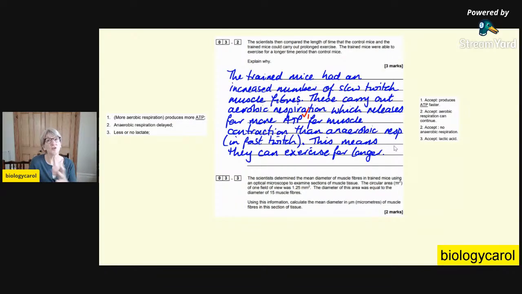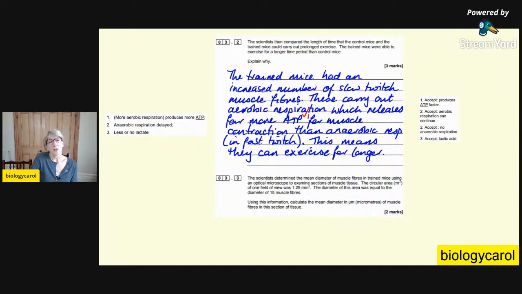I completely forgot the other half of the explanation, because in the control mice that haven't been exercised, they are not able to do all that aerobic respiration, and therefore they're going to be doing more anaerobic respiration, producing more lactic acid, which is going to tire the muscles more. I completely just went down the route of aerobic respiration rather than what is also happening in the control mice group, which was a bit daft, to be quite frank.